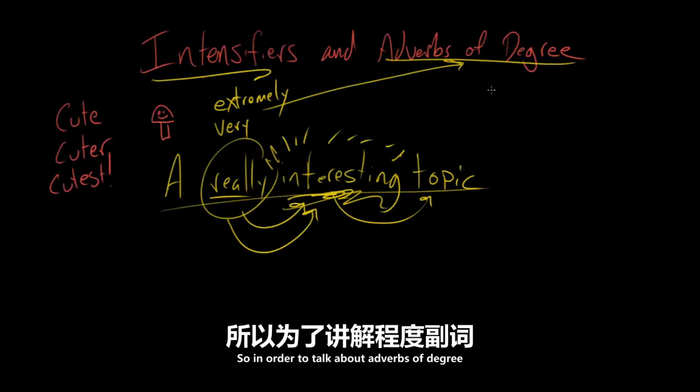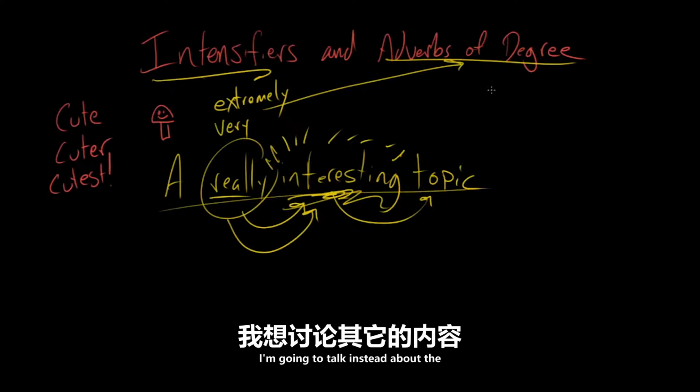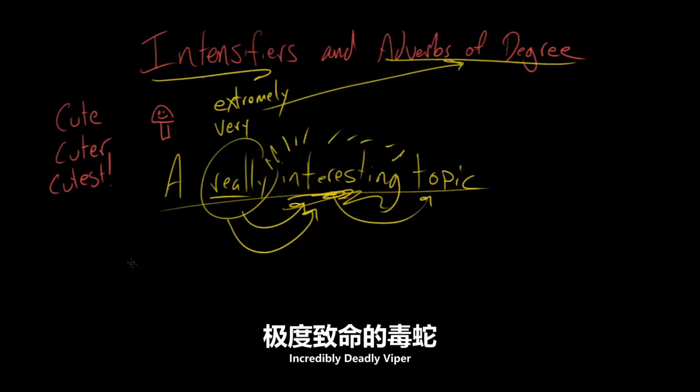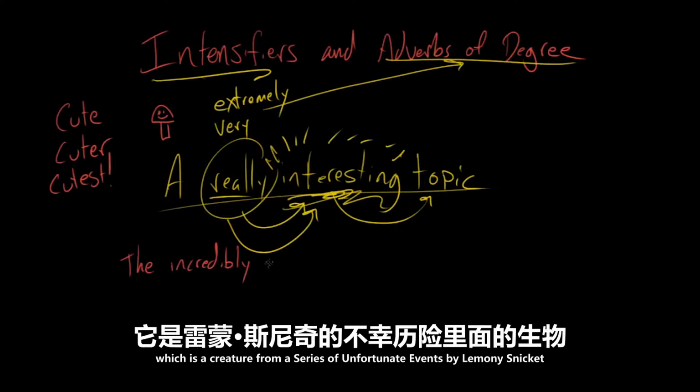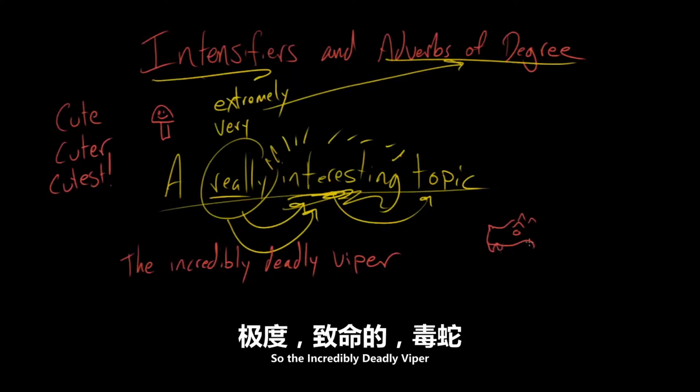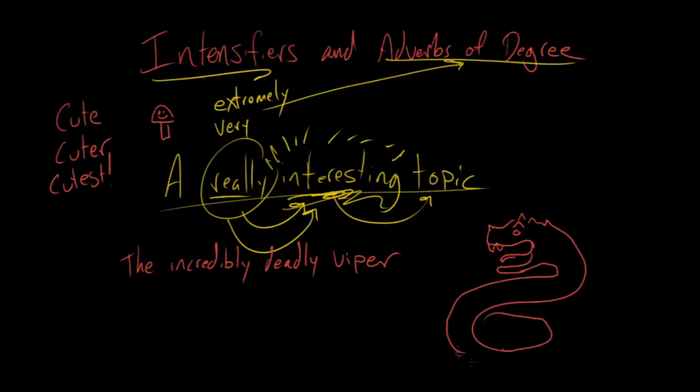So in order to talk about adverbs of degree, I'm going to talk instead about the incredibly deadly viper, which is a creature from A Series of Unfortunate Events by Lemony Snicket. So the incredibly deadly viper. There it is.